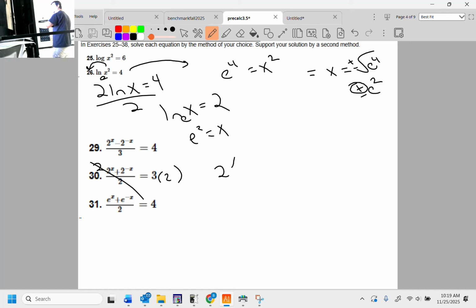And you'd have 2 to the x plus 2 to the negative x is 6. Don't they share bases? Now what's the problem? Don't they share bases?